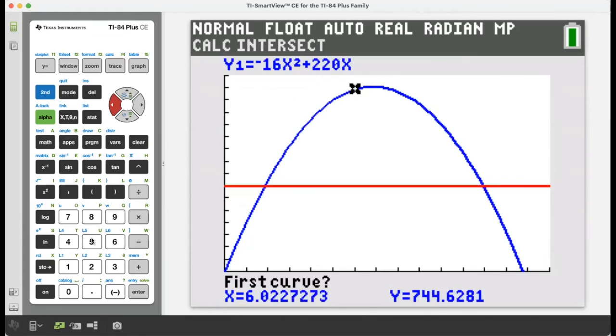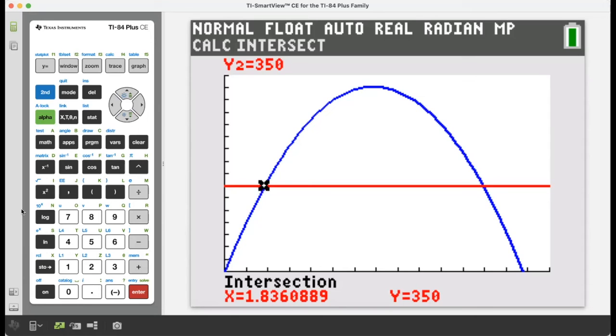Now, to get the intersection point, you want to be as close to the intersection point as possible, and then you just hit enter 3 times. 1, 2, 3. That gives me a time when it's at 350 of 1.83 and so on. But the question is asking us to express it rounded to the nearest tenth. So t is 1.8.